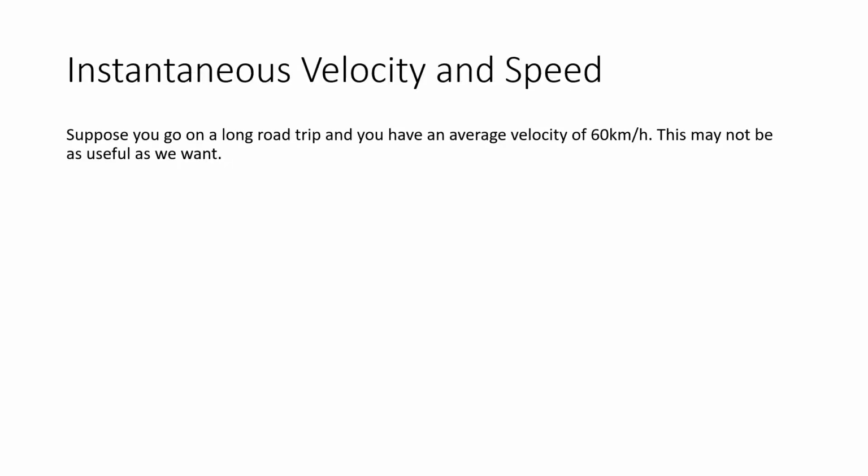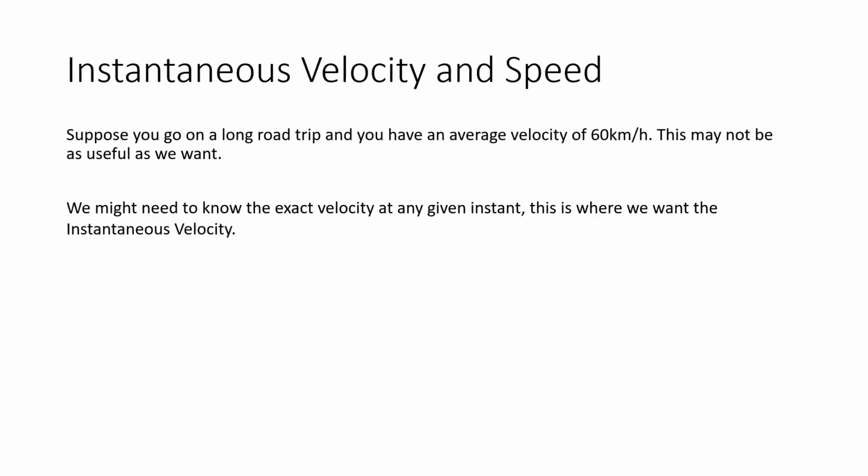But for a fact you stopped for maybe half an hour on your trip, and maybe some moments in your trip you sped. You went like 80, 90 kilometers per hour. So the average is sort of ignoring all that middle information. And that's maybe some of that information we want to keep. Yes. So this is called the instantaneous velocity, right at a single point somewhere.